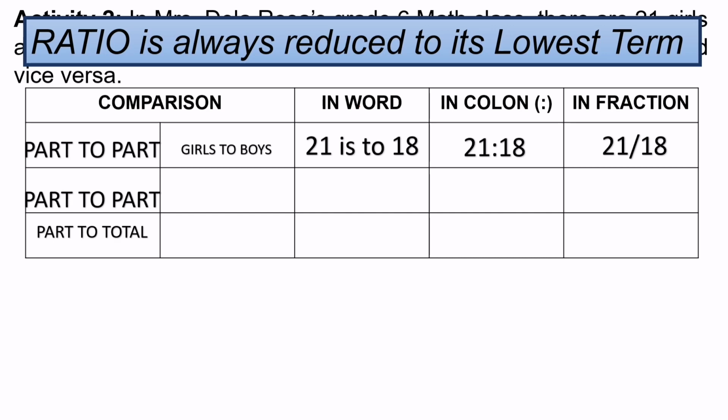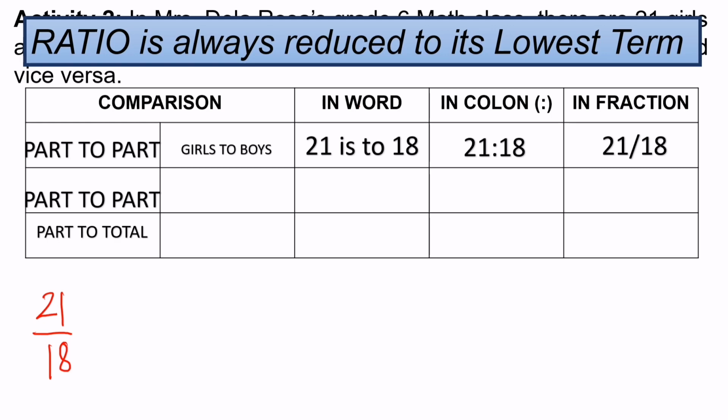So, dito, sa case na to, 21:18 or 21/18, pwede pa natin siyang i-reduce. Gamitin natin yung fraction form, which is 21/18. So, ano ba ang GCF ni 21 at ni 18? And that is 3.